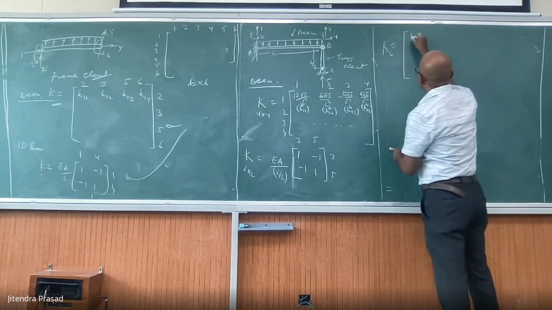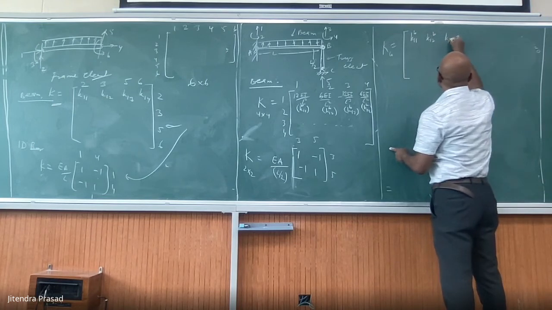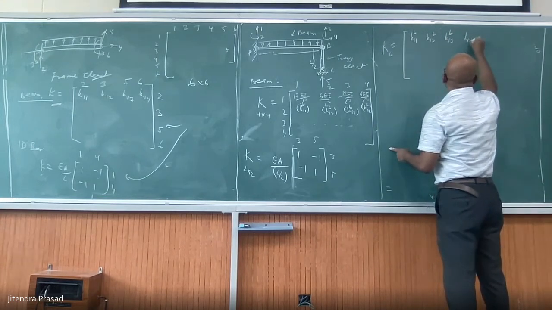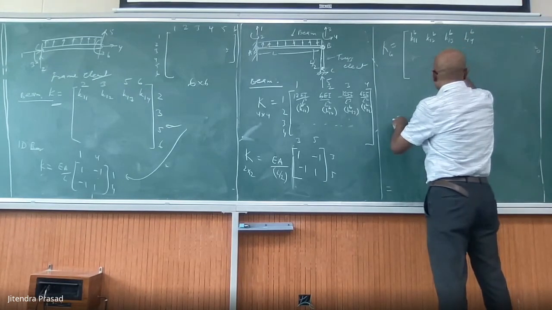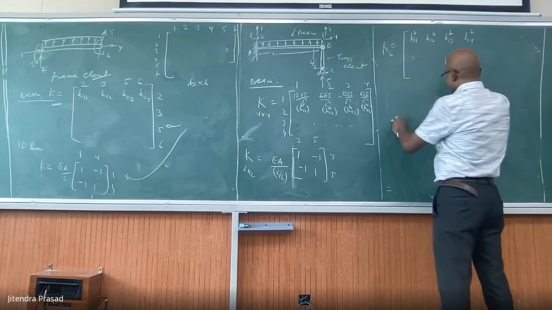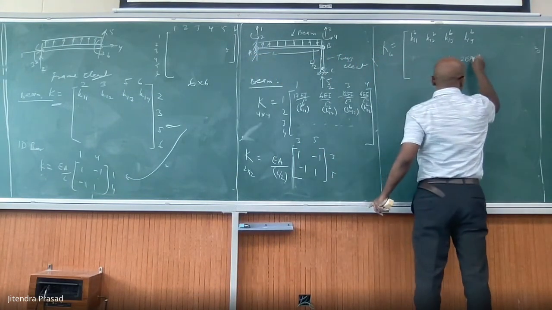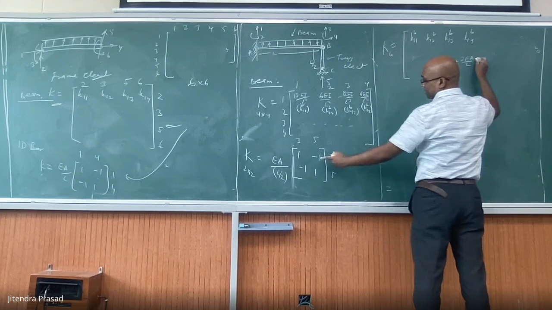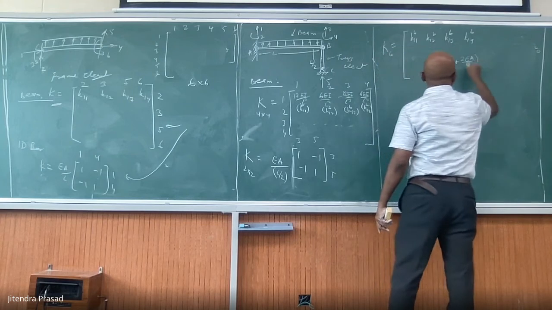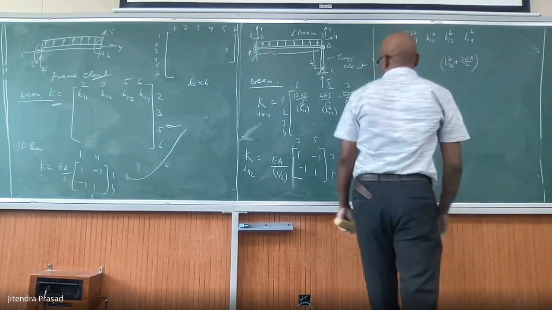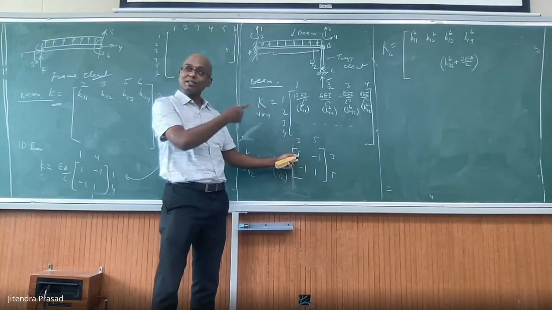So we will get here K11B, K12B, K13B, K14B, and so on. Now when it comes to K33, we are going to add 2EA over L, right? 2EA over L. And then at 3, it will be added together, right?